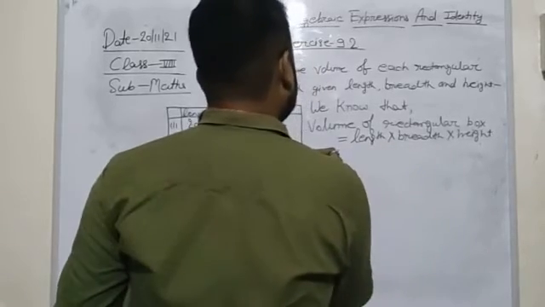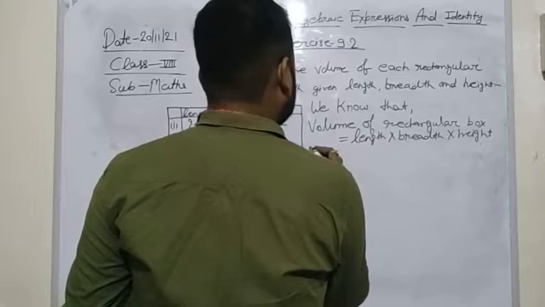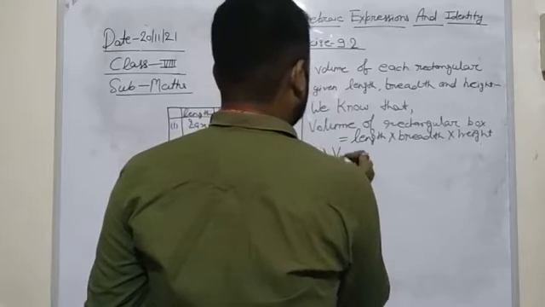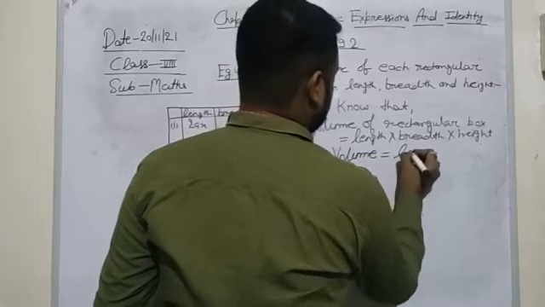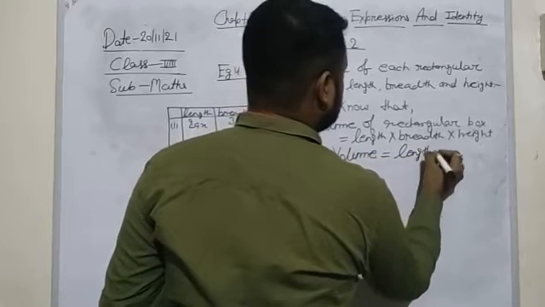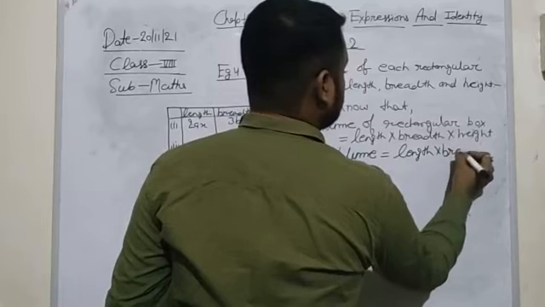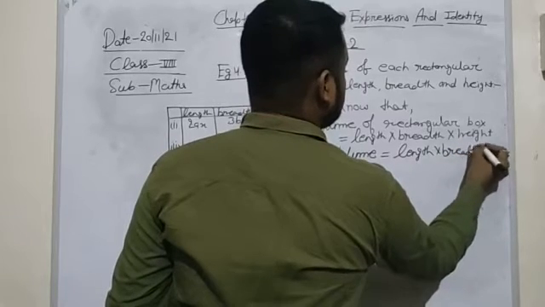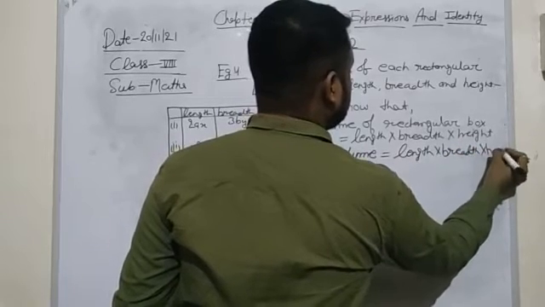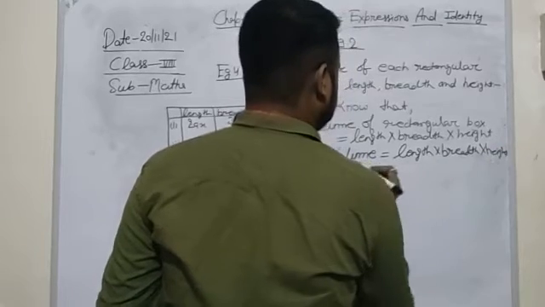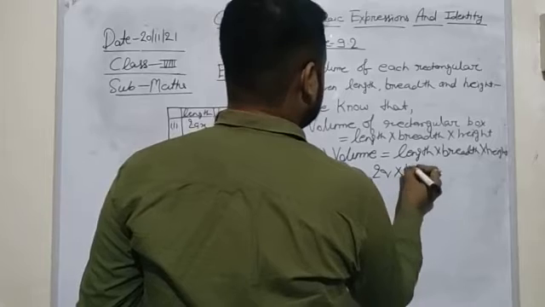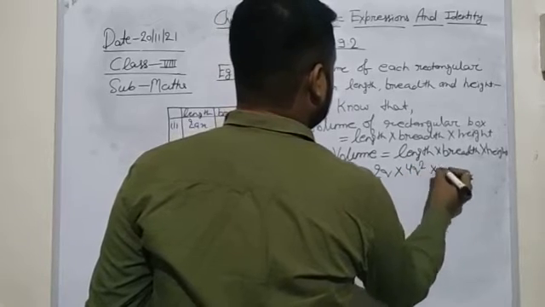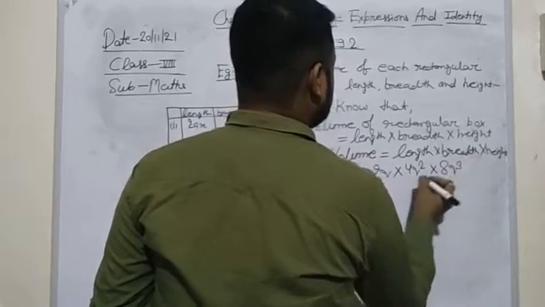Now the third part. Volume is equal to length, breadth, height. So here length is 2q, breadth is 4q square, and height is 8q cube.